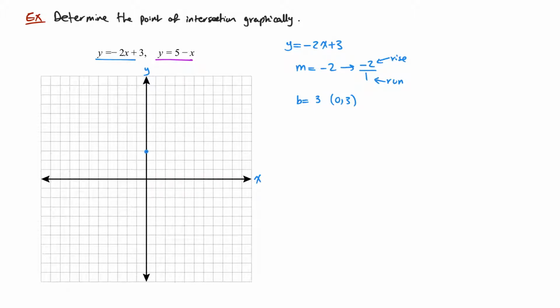So I will start at my y-intercept over here. Rise by negative 2 means that I have to go down by 2, and run by positive 1 means that I have to go to the right by 1. And I will do that a few times because that's my slope. And once I have enough points to draw a nice line, I can draw a line that goes through all the points.